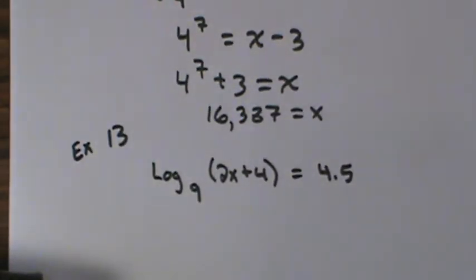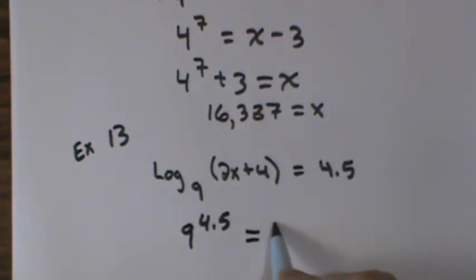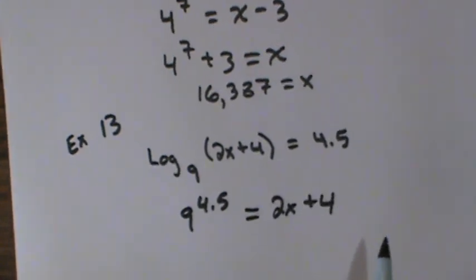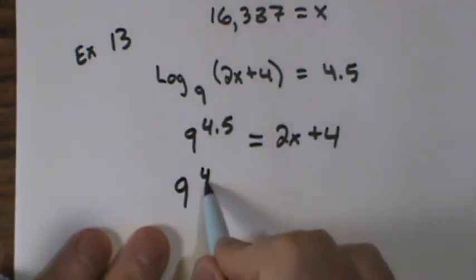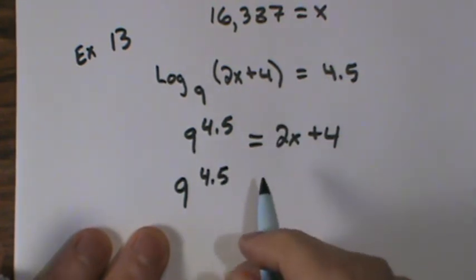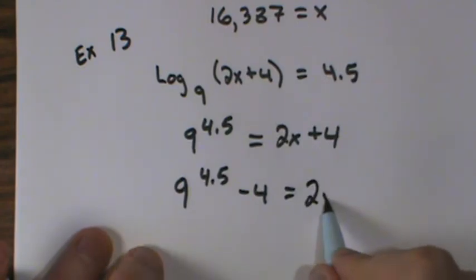Now I've got another. For this, same thing. It's asking, do you recognize and can you work with the structure of this? So you could say 9 raised to the 4.5 power is equal to 2x plus 4. Next, you could pull that 4 over. 9 raised to the 4.5 power minus 4 is equal to 2x.